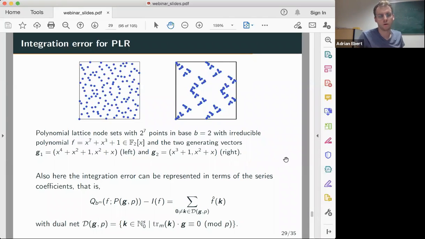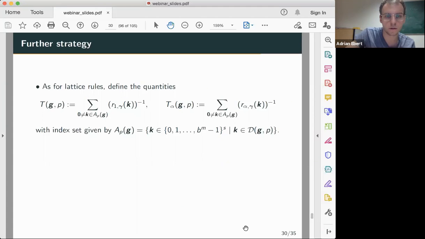Also here, the integration error of a polynomial lattice rule can be represented in terms of the Walsh coefficients, and you can already see it's quite similar. So the further strategy to come up with a similar algorithm is almost identical.